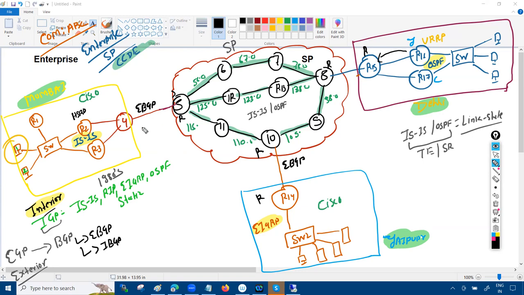You can run OSPF over there too. It totally depends on the agreement between the company and the service provider. If the customer wants to exchange the routes through OSPF and the service provider agrees, then you can go with OSPF. But again, it's a recommendation to go with the BGP protocol.